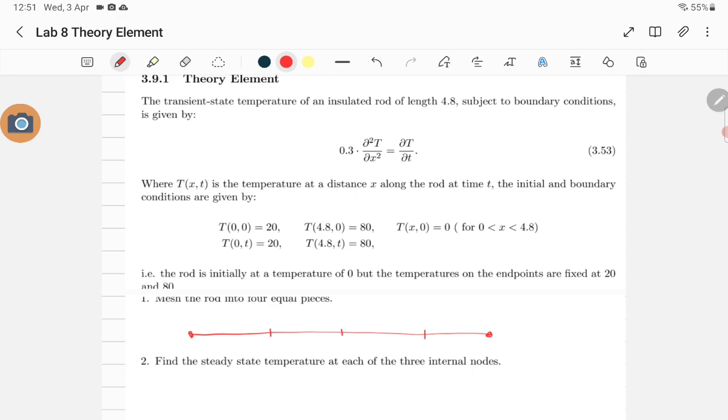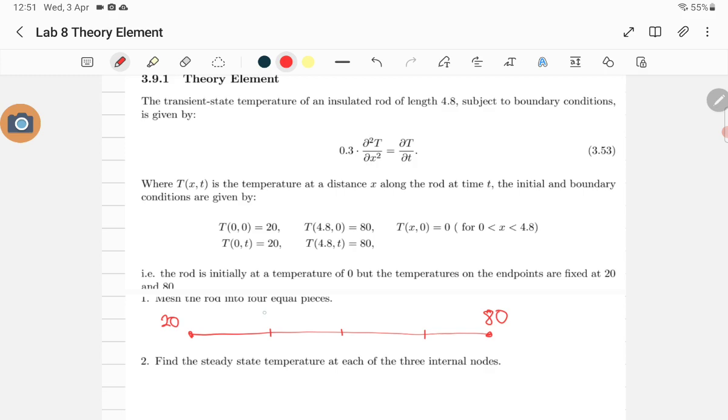The temperature at x equal to 0 is 20. The temperature at x equal to 4.8 is 80. And notice that's fixed for all time. And the temperatures in the middle change in time.